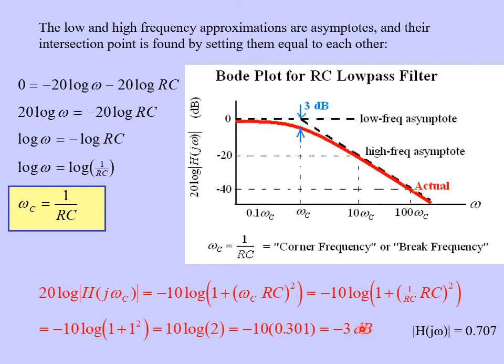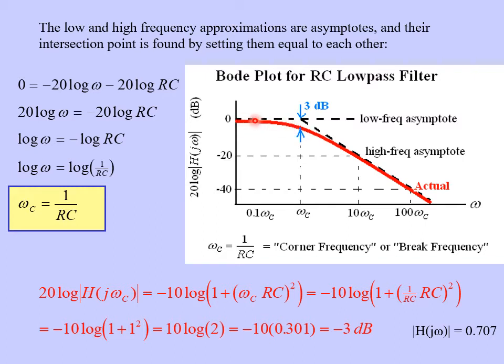What this tells us is that right here at the corner, the actual frequency response is not 0 like it shows up here on the asymptotes, but it's 3 decibels below that. It's -3 decibels, which on this graph, remember this is -20 down here, is somewhere right around here. This allows us now to sketch this red line, which is the actual frequency response of this filter.